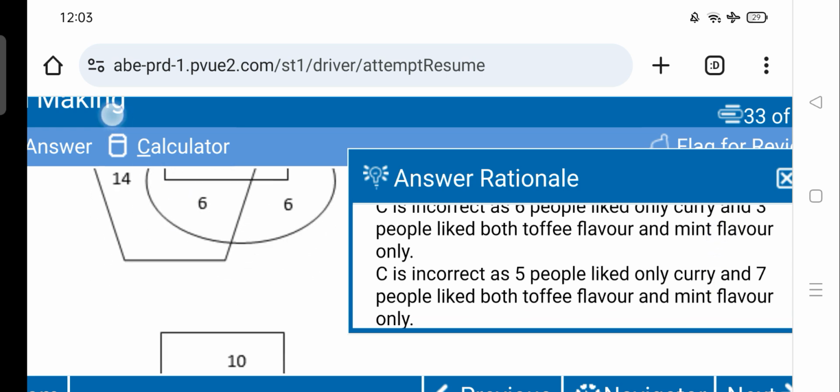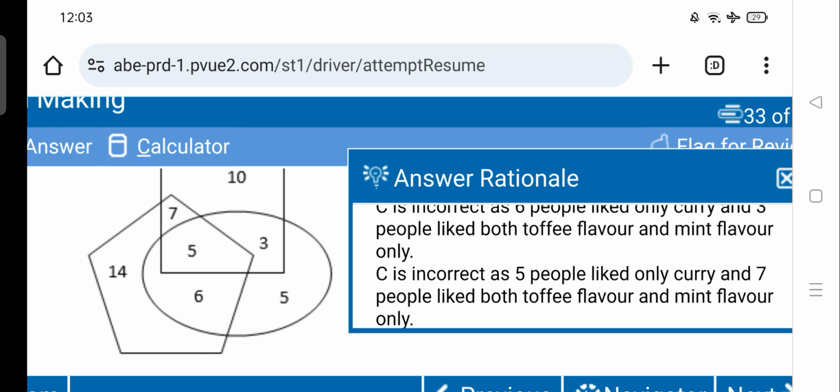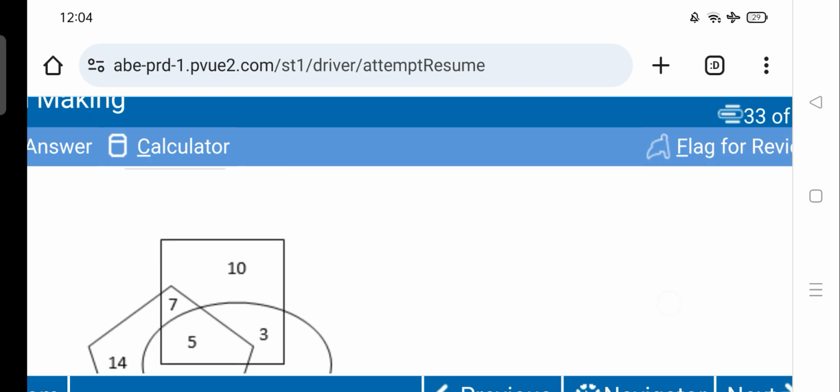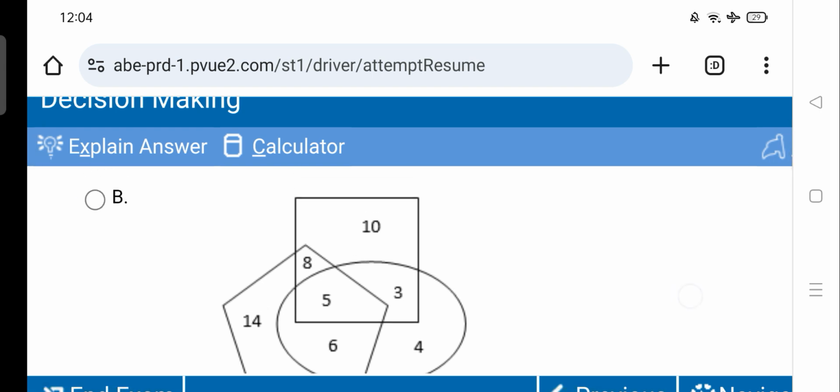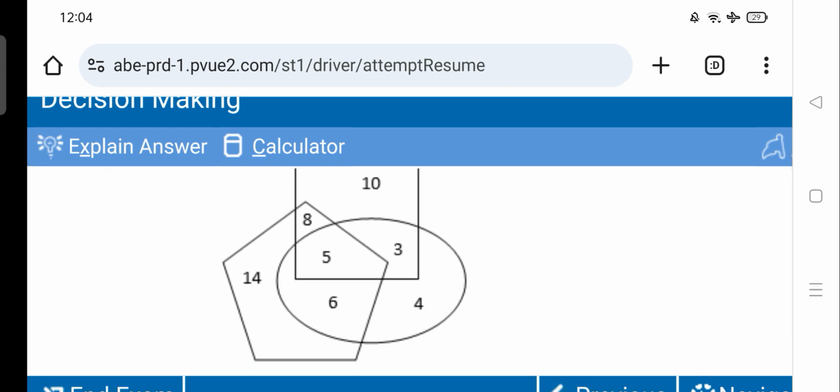D is incorrect as 5 people liked only curry and 7 people liked both toffee flavor and mint flavor only. So the correct option is option B, which has this diagram.